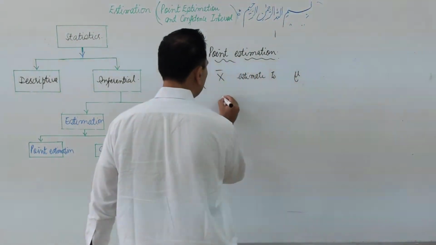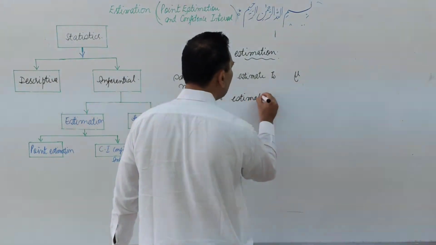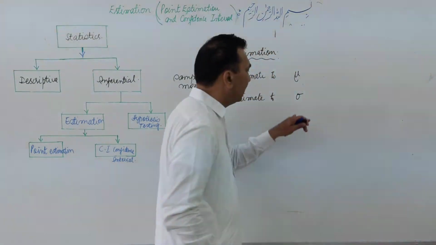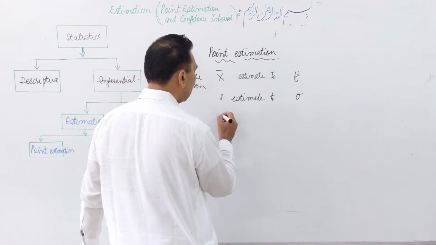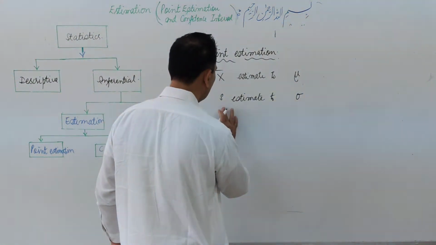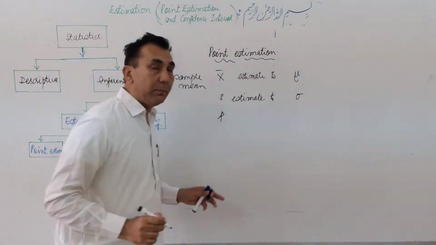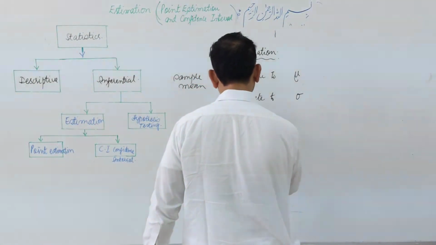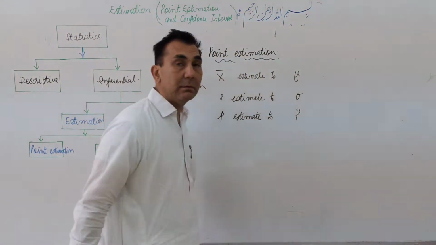In the same way, S, the standard deviation of the sample, estimates the sigma. Sigma means the standard deviation of the population. Now the third one, the proportion of the sample estimates the population proportion.